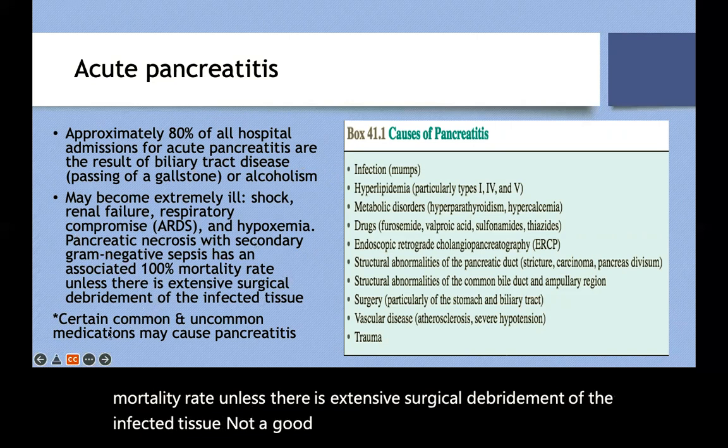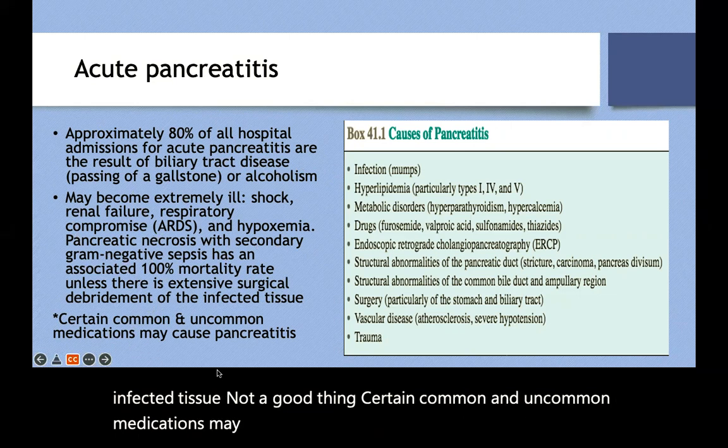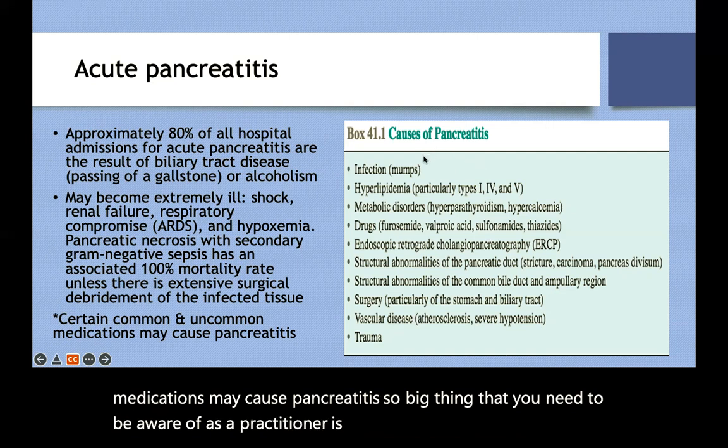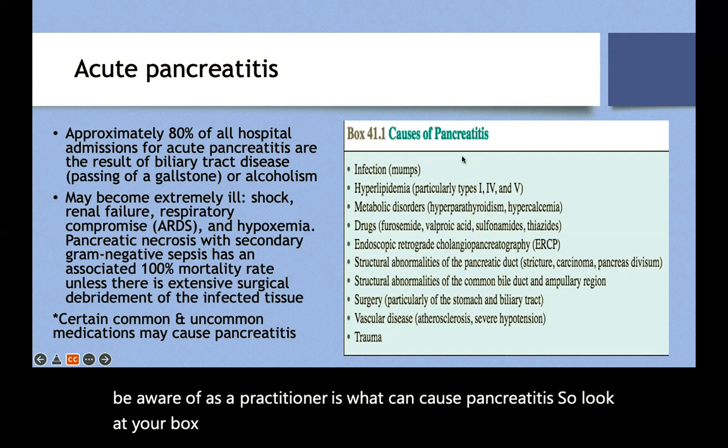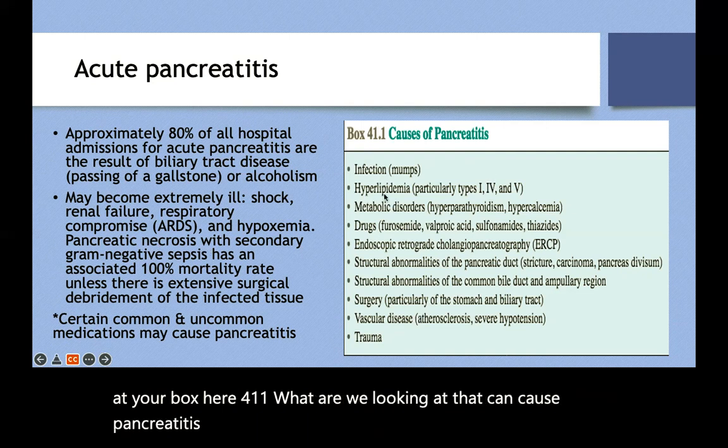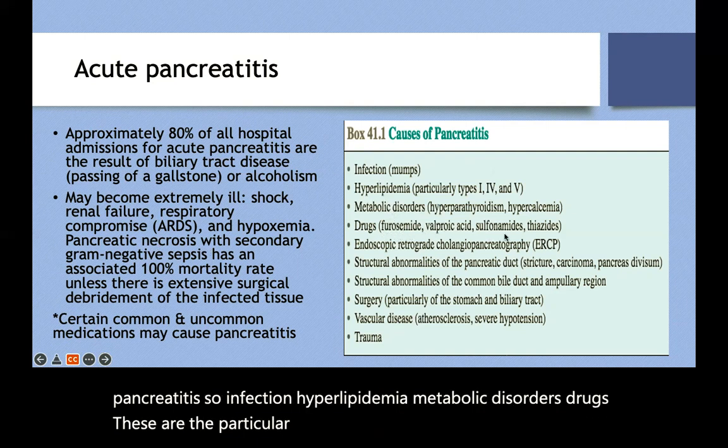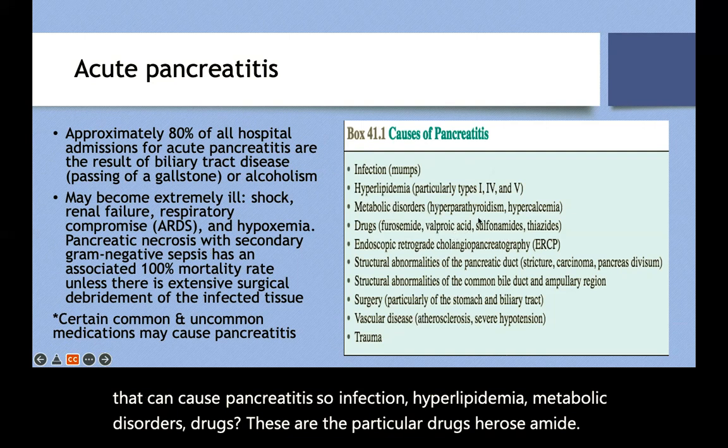Certain common and uncommon medications may cause pancreatitis. So, a big thing that you need to be aware of as a practitioner is what can cause pancreatitis. So look at your box here, 41.1. What are we looking at that can cause pancreatitis? So infection, hyperlipidemia, metabolic disorders, drugs. These are the particular drugs: furosemide, sulfonamides, thiazides, and valproic acid.